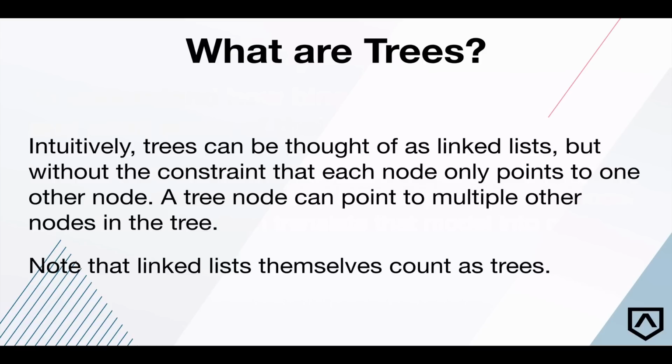So trees or tree nodes are free to point to multiple other nodes. And it turns out that linked lists in and of themselves also count as trees, just with the constraint that each node only points to a single other node. So in a way, linked lists actually are considered a type of tree.